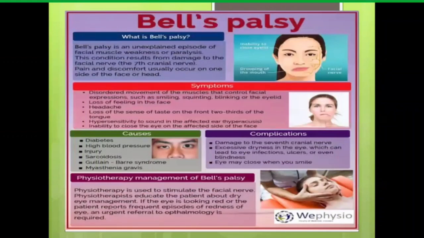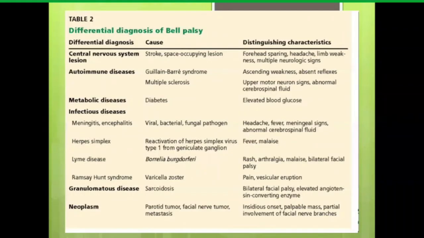Everyone knows about all these things, and I'm not going into detail, but you need to concentrate on certain factors, that is, causes. As far as contemporary science is concerned, when we speak about facial paralysis, the causes may be diabetes, hypertension, injury, sarcoidosis, Guillain-Barré syndrome, myasthenia gravis, etc. Once we know about all these things, the differential diagnosis is very important.